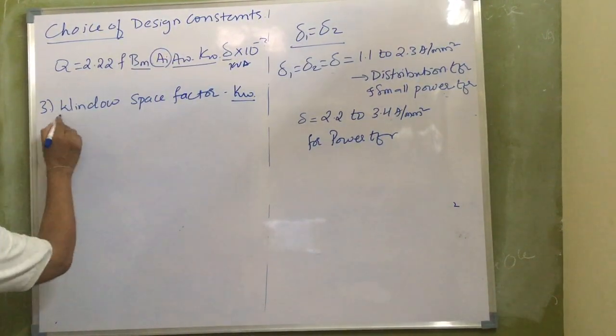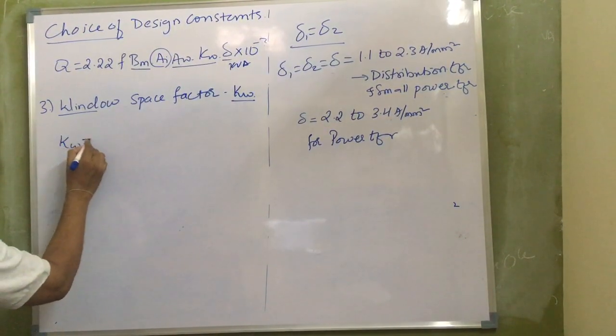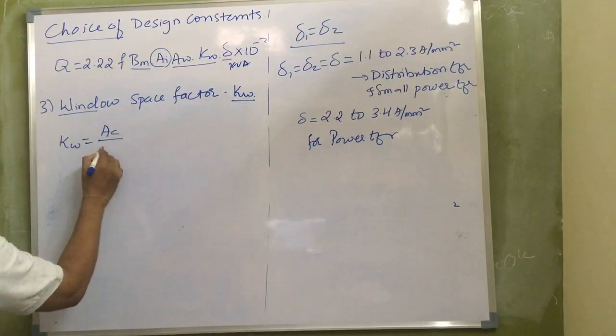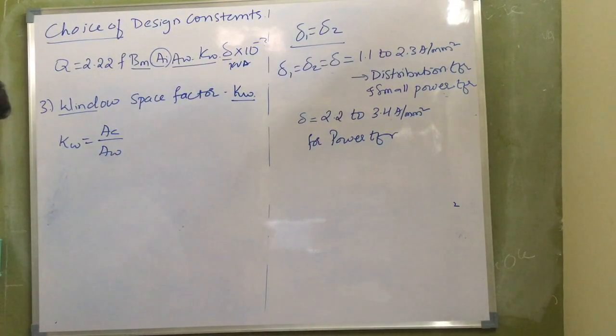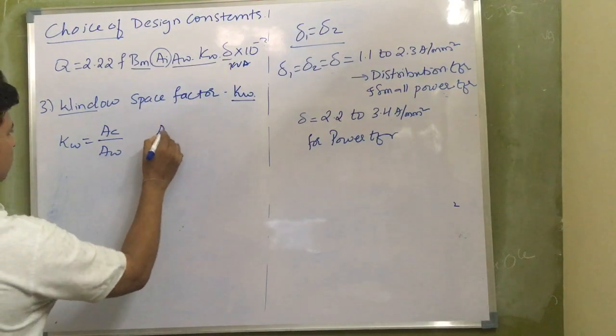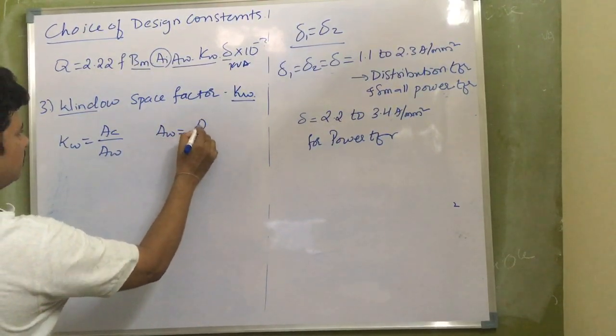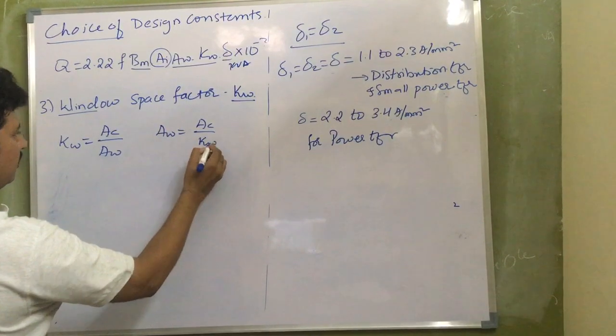So what is Kw? It is area of copper to area of window. Okay, and area of window is equal to area of copper upon Kw.